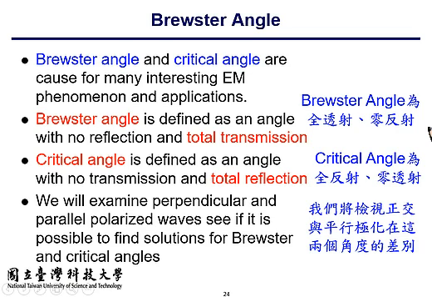They are the causes of many interesting propagation phenomena, and they are used for some specific applications. Brewster angle means total transmission, zero reflection. Brewster angle is defined as an angle with no reflection and total transmission. Critical angle is defined as an angle with no transmission and total reflection.